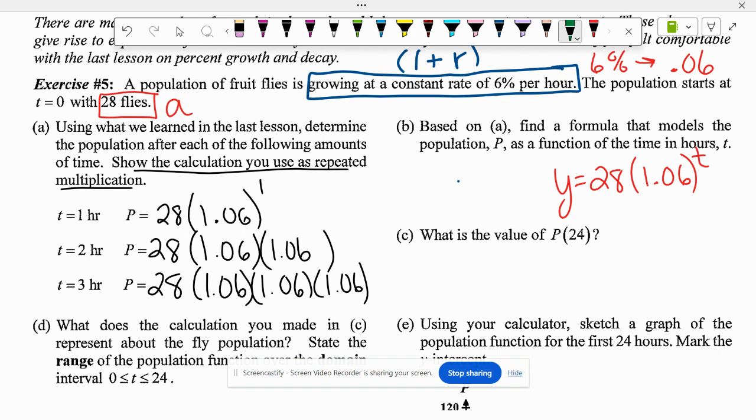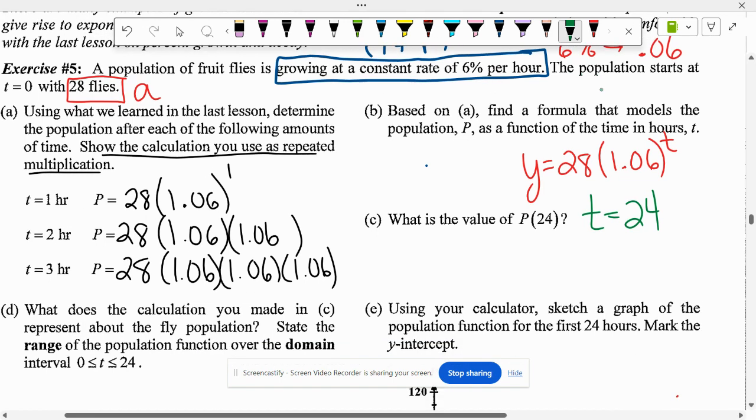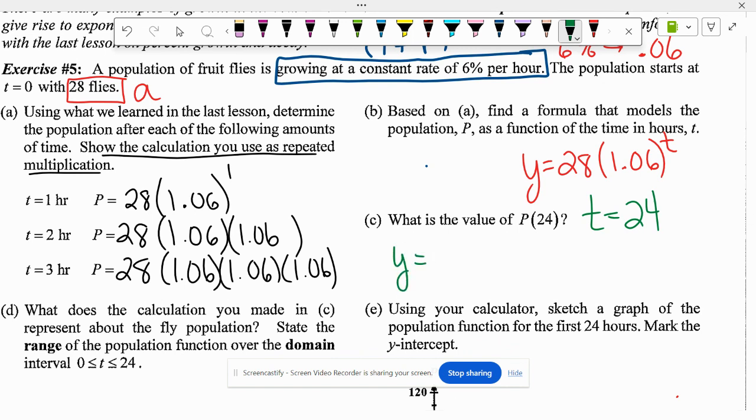So what is the value of P of 24? What's the value when I let t equal 24? When the time is 24 hours? How are we going to figure this out? Well, can't we take our function y equals 28 times 1.06 to the power of 24?